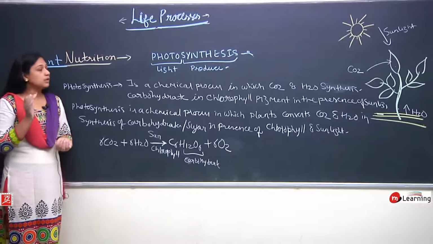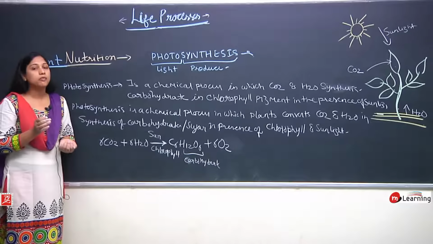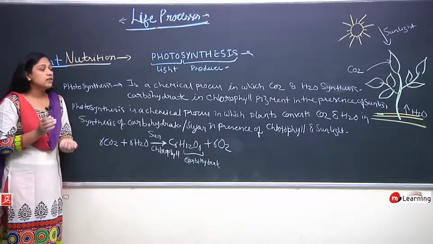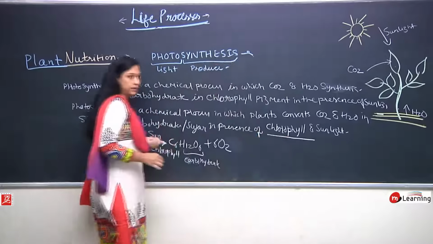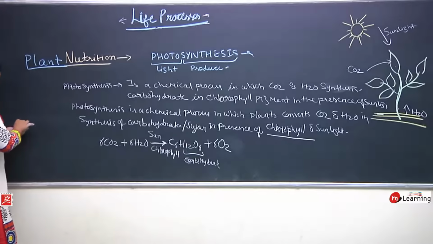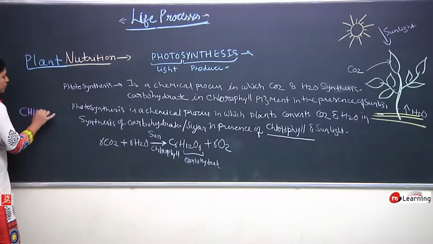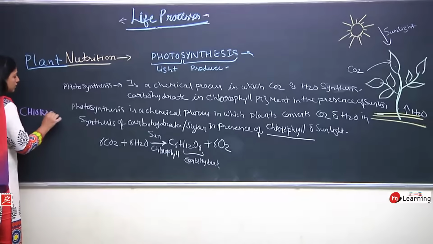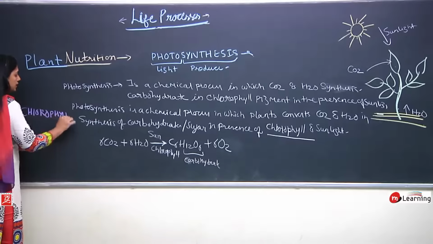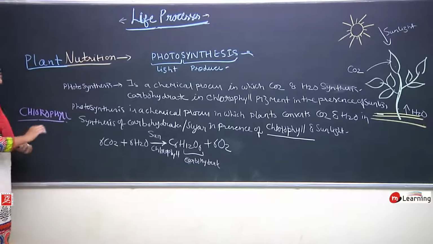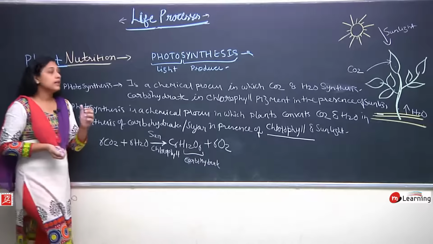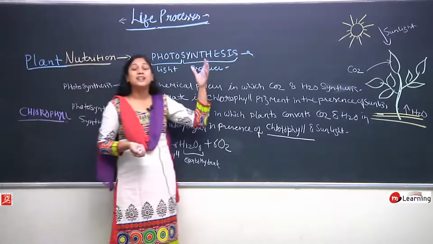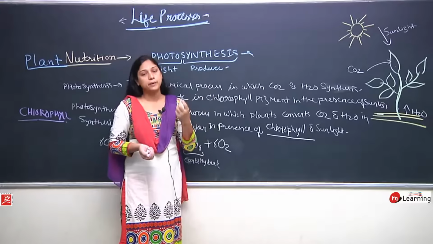Now we will see the pigment which is very important for photosynthesis to occur, which is chlorophyll, known as the green pigment. So we'll read about chlorophyll, the pigment of photosynthesis. Chlorophyll is a green pigment which occurs in the green part of the plant.